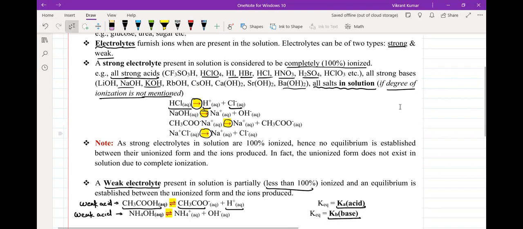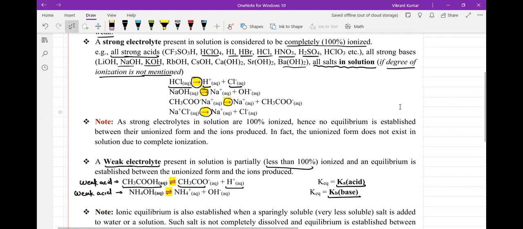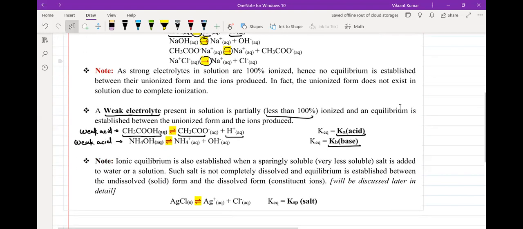But one more type of equilibrium you'll be getting in this chapter, in which whether it is a salt, acid or base, that can be sparingly soluble. That means that will not be completely dissolved. Only a part will be dissolved if you are adding. मान लो मैंने इतना सारा AgCl लेके पानी में डाल दिया, almost all of it will be at the bottom of container. Only a part of it will be dissolved.